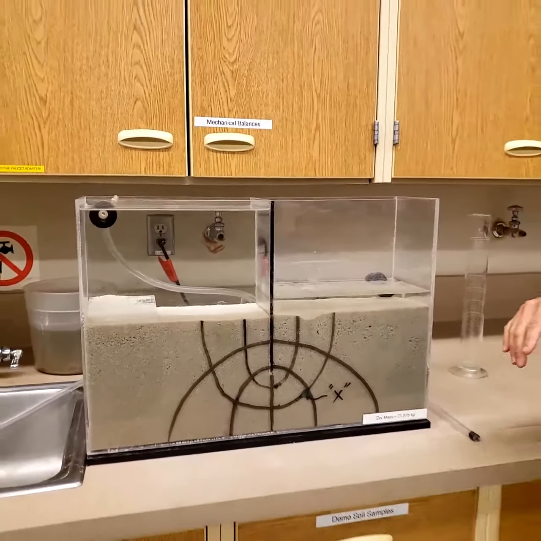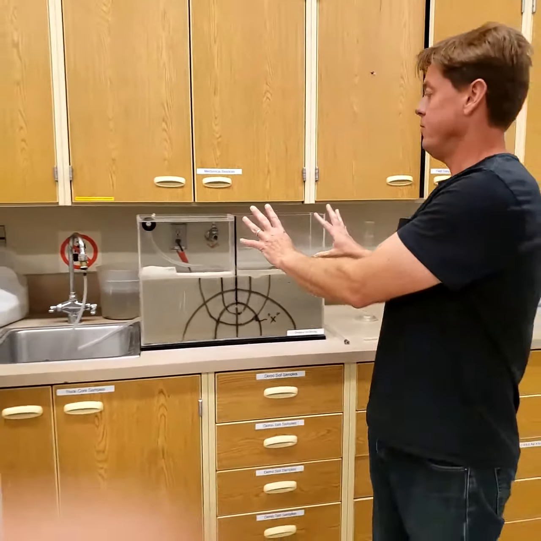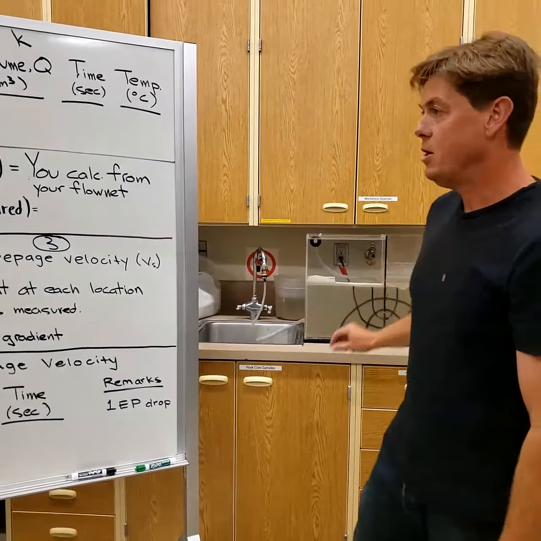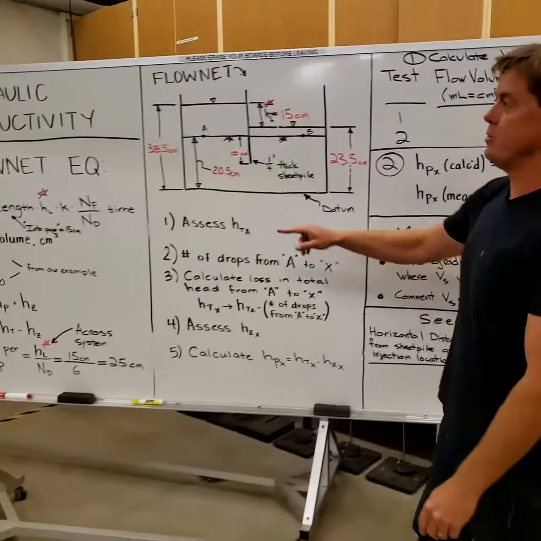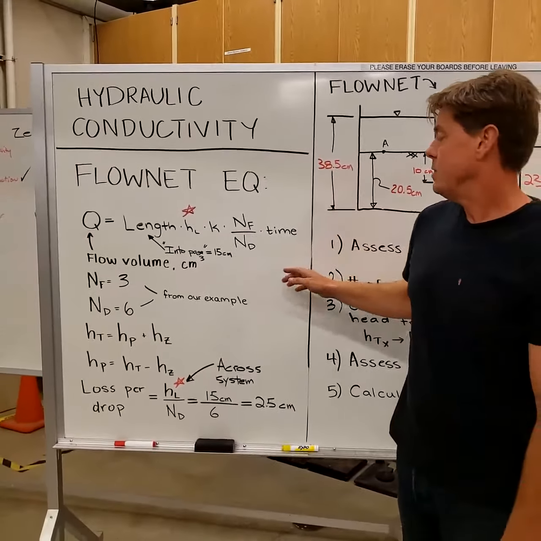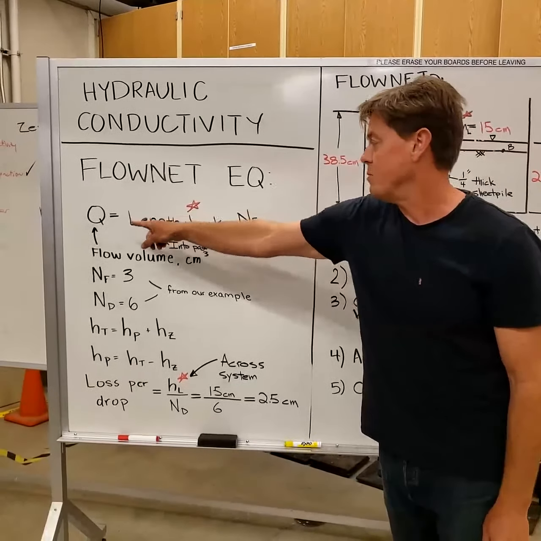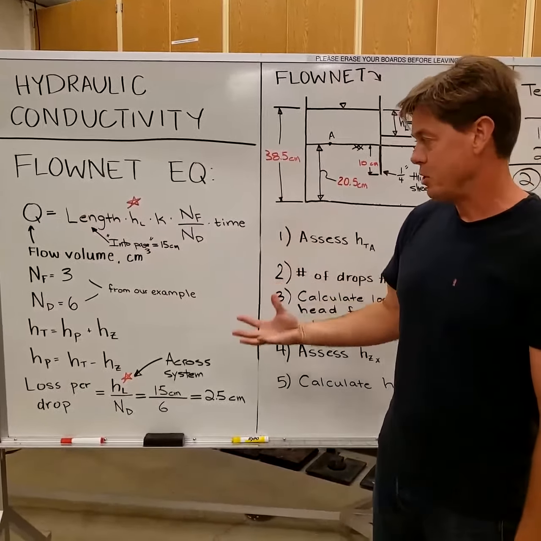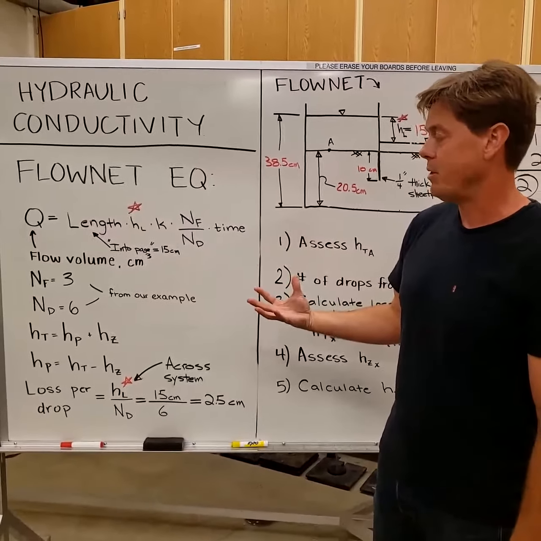For a flow model, for 2D flow and a flow net, we're going to be referring to the flow net equation. This is the flow volume, capital Q for us. That's a volume, so centimeters cubed or milliliters; of course, those are the same thing.